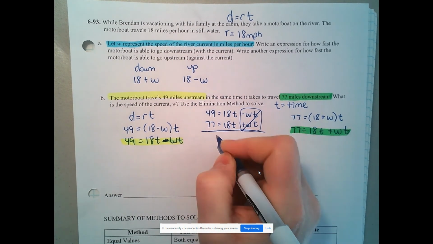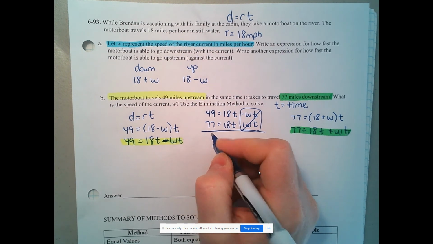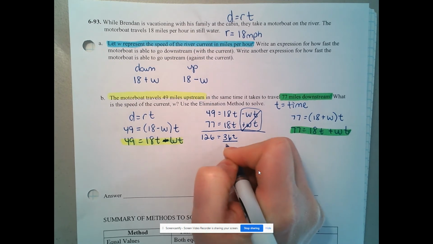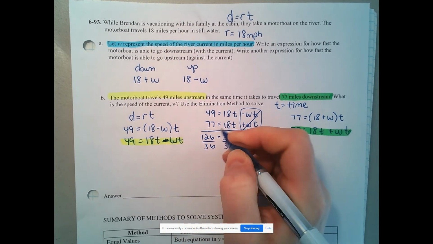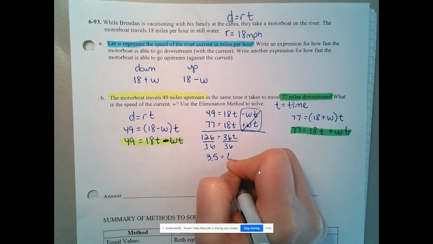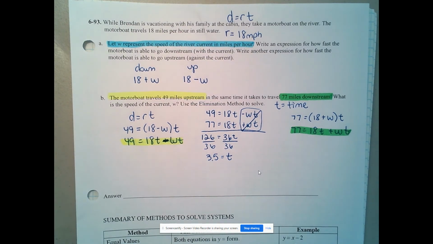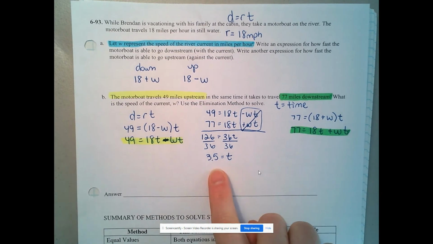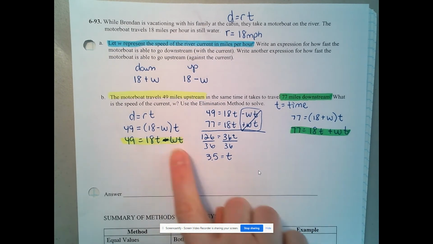When we add them together, the 77 and the 49 is 126 equals 36T. Divide both sides by 36, and we get 3.5 equals T. So if we want them to travel the same amount of time, and it's going 49 miles upstream, 77 miles downstream, it will take 3.5 hours to do both of those scenarios.